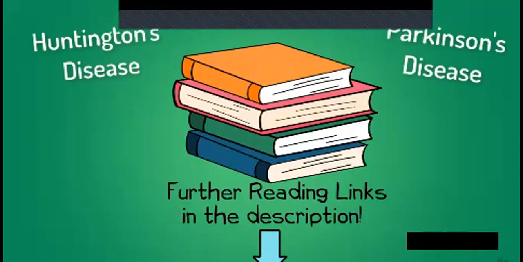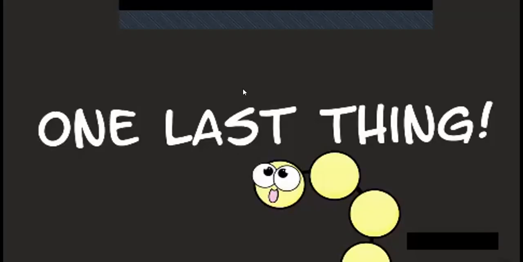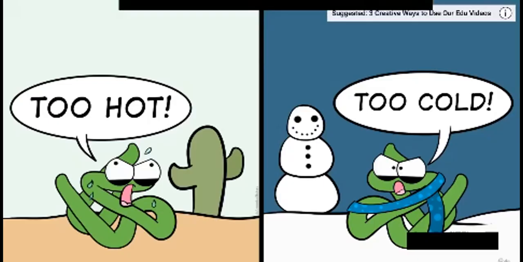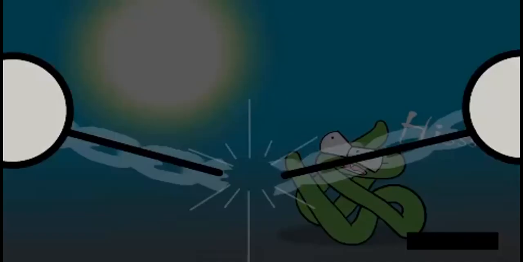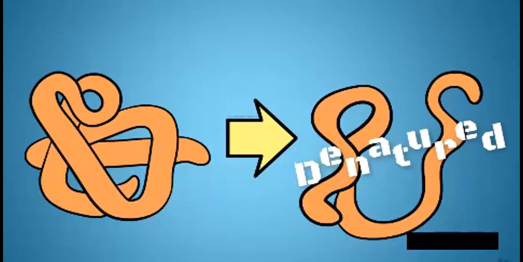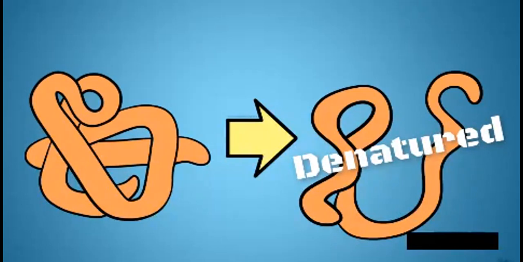One last thing we haven't mentioned. Each protein has an ideal environment for functioning, which might include a certain temperature or pH range. If the protein is exposed to something outside of its ideal temperature or pH range, exposed to high heat, for example, you can disrupt the interactions that we had talked about taking place at the different structural levels. This can denature the protein, which disrupts its shape.